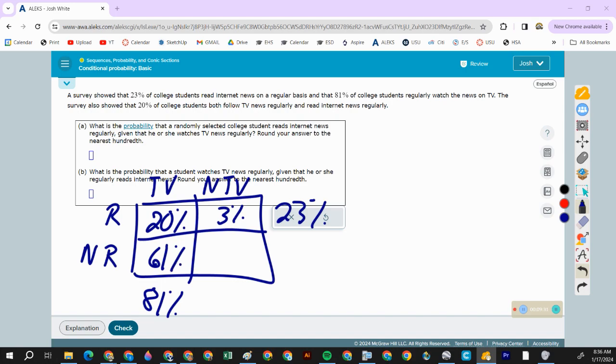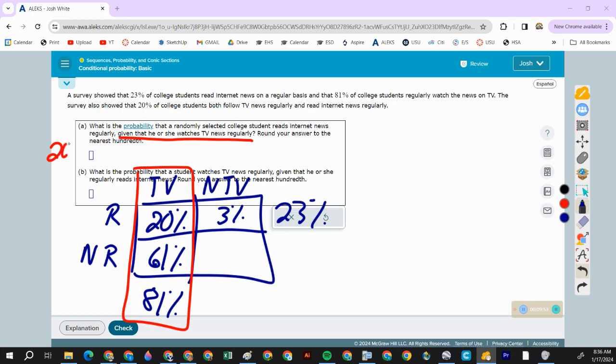What is the probability that a randomly selected college student reads internet news regularly, given that he or she watches the news regularly? So we're only allowed to choose from those people. So that would be this group here. And we want to know what's the chance that they read the news if they're a TV watcher.